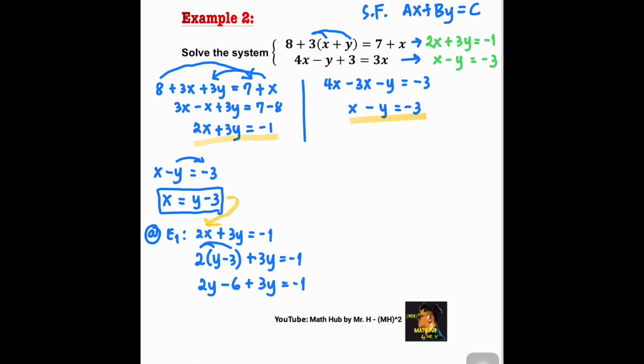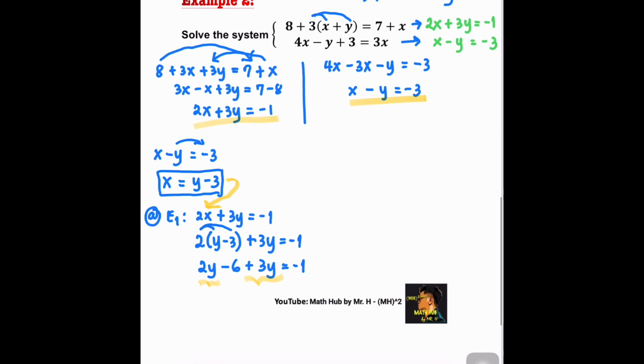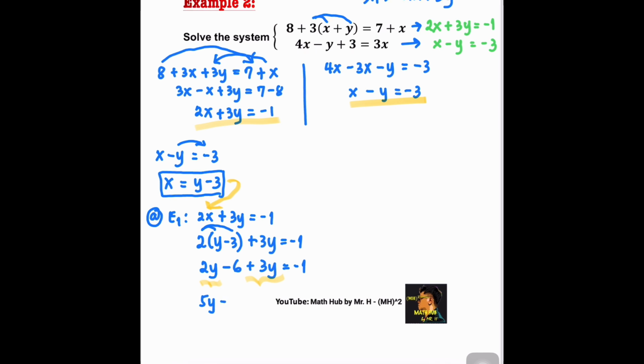And then from here we can combine like terms. So 2y and positive 3y can be put together, and it's going to be 5y equals, so we separate the constant terms. So -1 is already on the right hand side, so we just simply copy it. -6 jumps over to the right hand side, which will become +6.